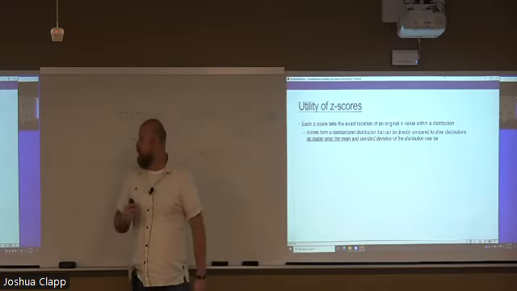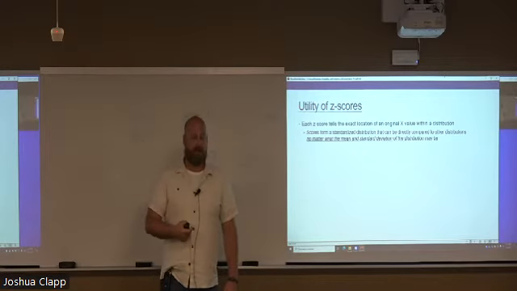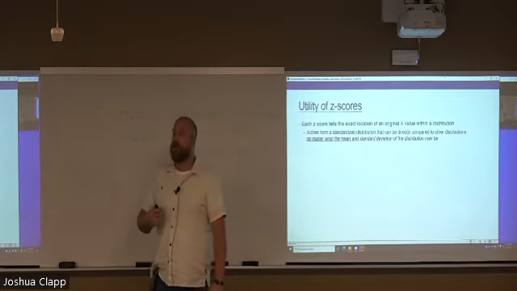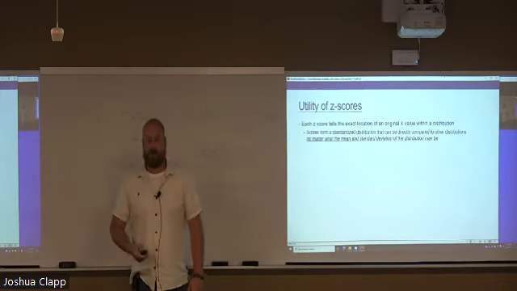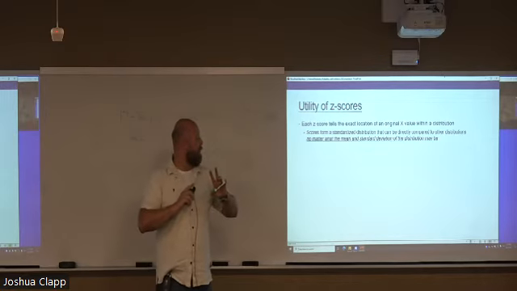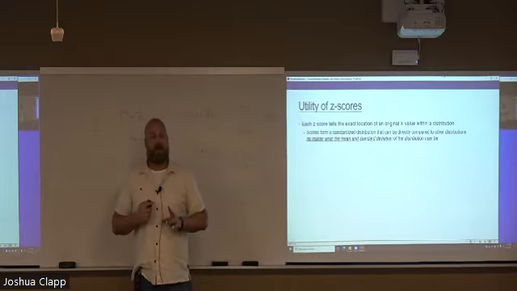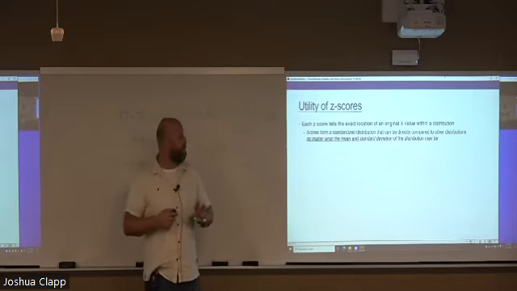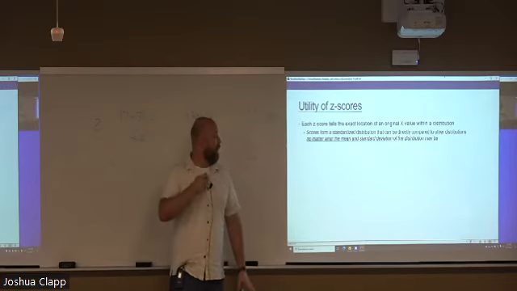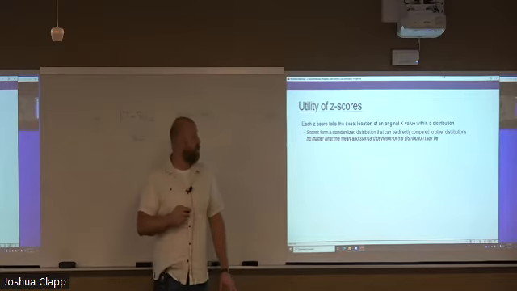But you don't need a normal curve to create z-scores. Z-scores, or standardized scores, don't necessarily imply a normal curve. We can apply z-scores to all different types of distributions, and a z-score still tells you where that score falls relative to everything else in the distribution.